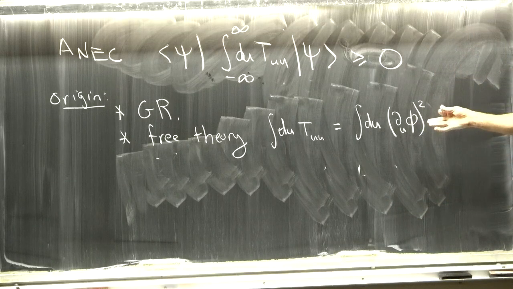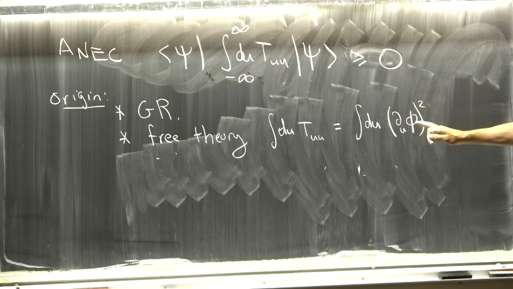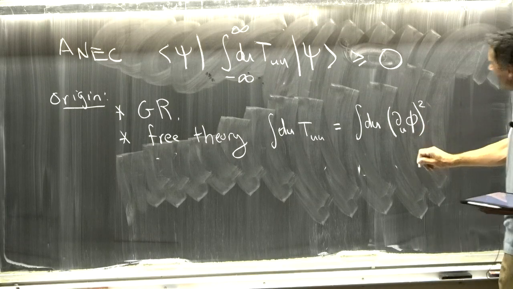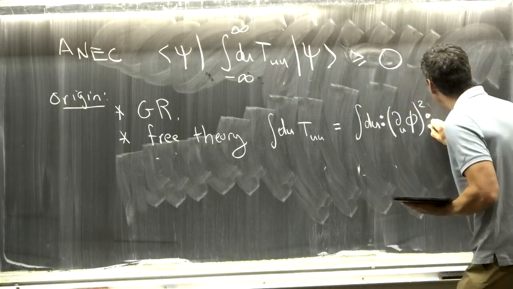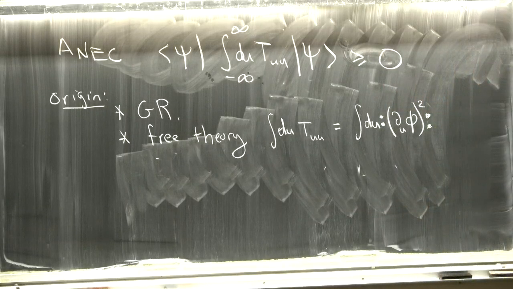Now, we're not done. That looks like it's manifestly positive, but this is an operator. And when you multiply two operators together to make a composite operator, you need to normal order. So it's not immediately obvious that this is going to be positive.